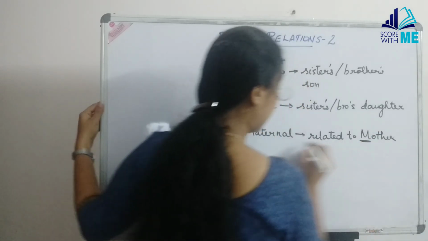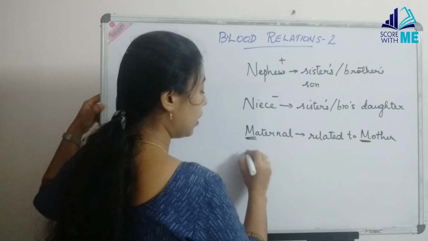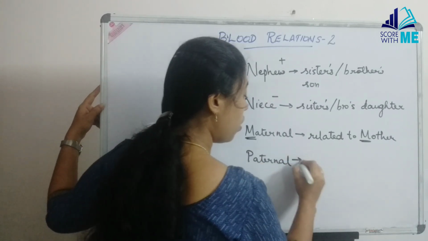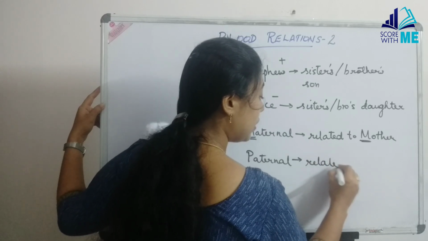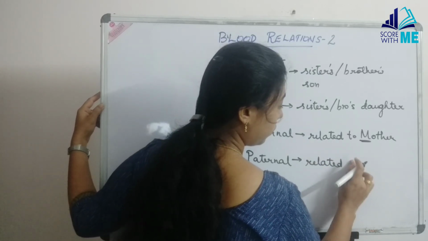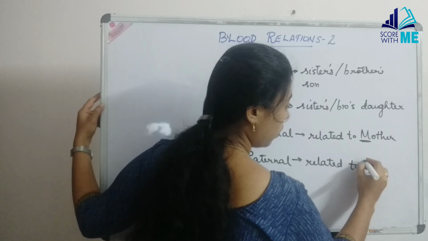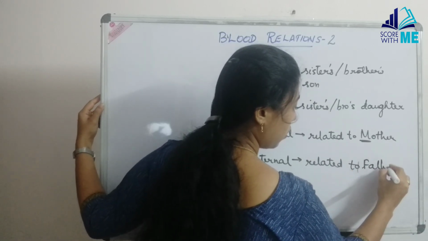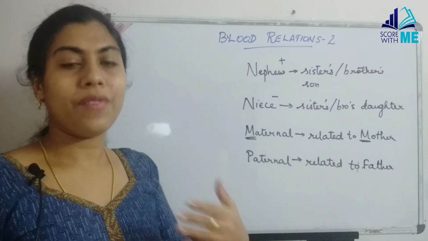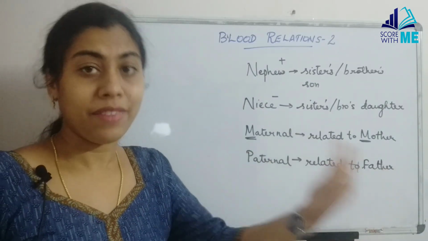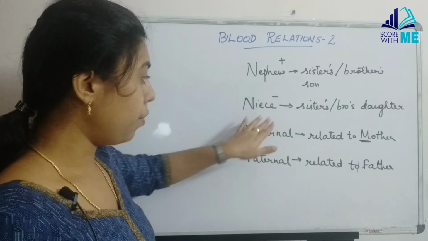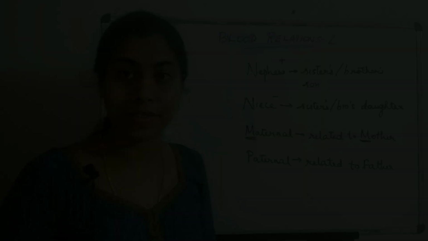See, this is mother, maternal. That is how we can remember. Then paternal is all relations related to father. When more terms come, when we go deep into the question, we shall discuss it over there. So for the time being, remember nephew, niece, maternal and paternal.